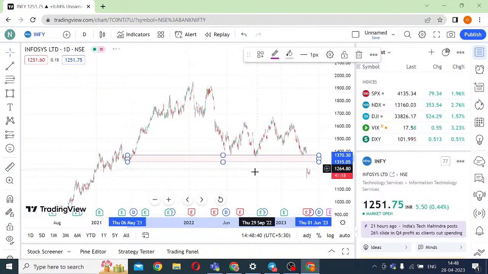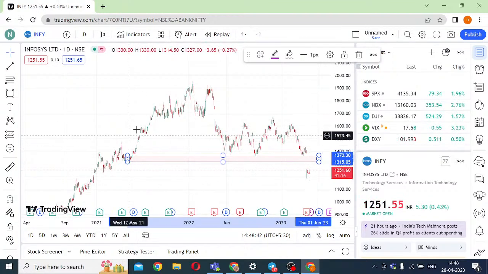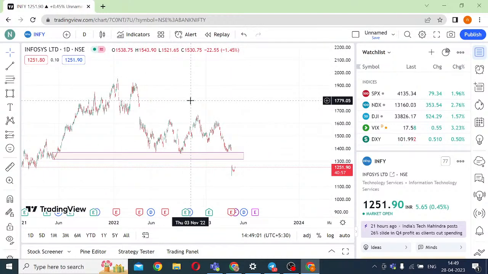At this point of time, if you see, this stock is actually trading below its critical support levels. If you are looking at it from a longer time frame, as in, if you're holding it positionally, then you can continue holding. It's a great company. It'll just have to weather the storm right now, which all the IT companies are going through.